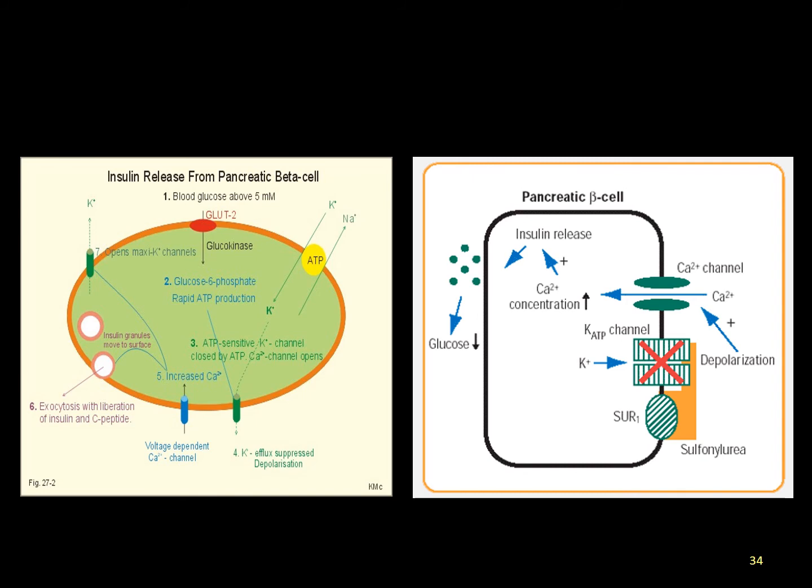So let's see. These work by stimulating the beta cell. That's just what this shows you. These drugs work by stimulating the beta cell, and what they do is block those potassium channels just like natural stimuli would. Remember back when we were talking about how the beta cell releases insulin? I said the beta cell makes insulin and stores it, and it just stays there in a resting state waiting for a stimulus.